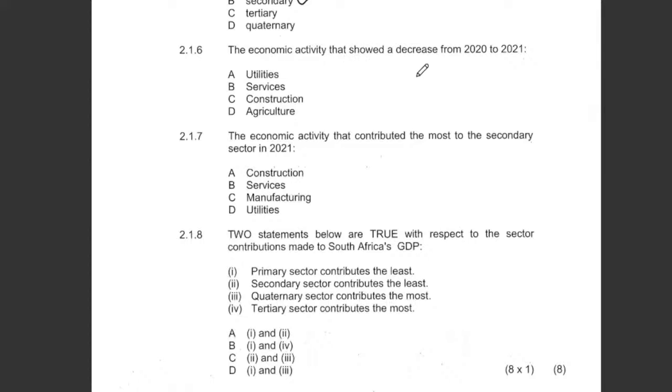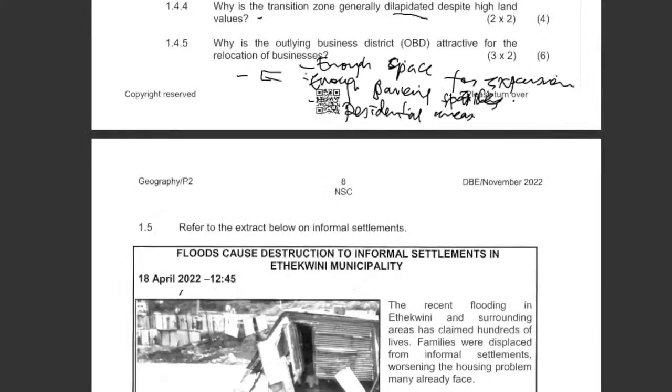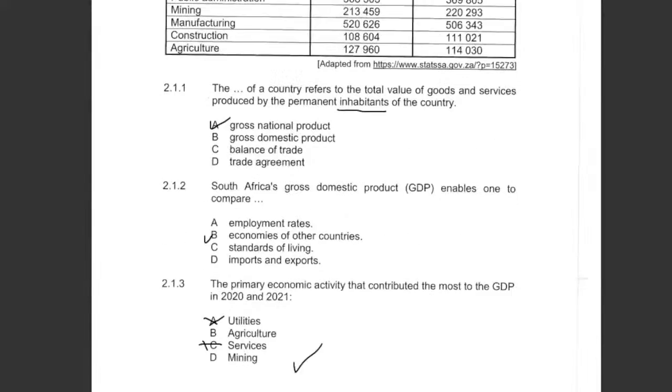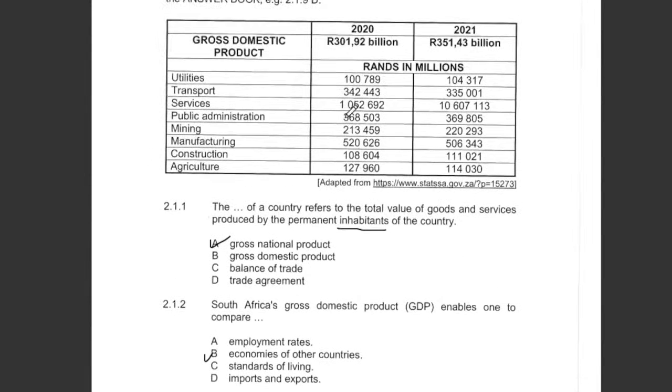The economic activity that showed a decrease from 2020 to 2021. We're looking at the economic activity that showed a decrease from 2020 to 2021. Let's see. 2020 to 2021. We go back here. Which one showed a decrease from 2020 to 2021? Those activities.